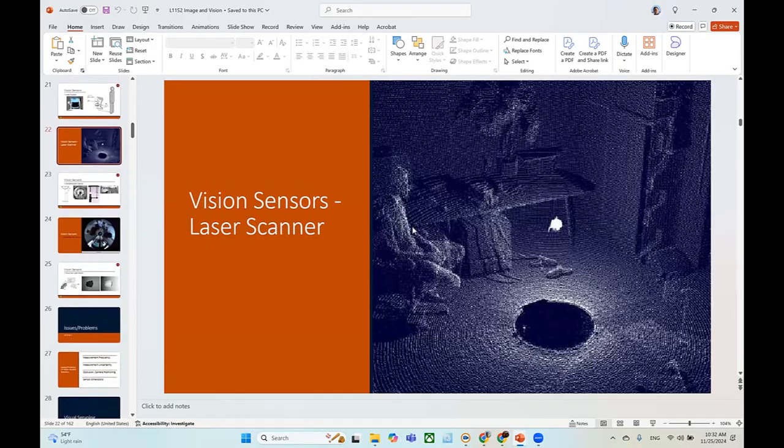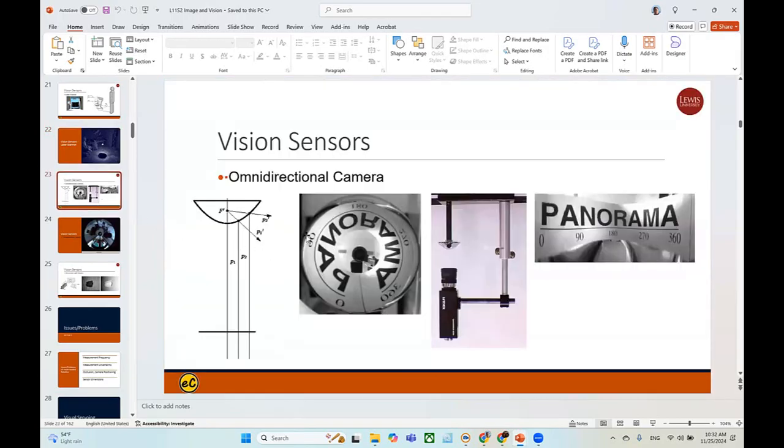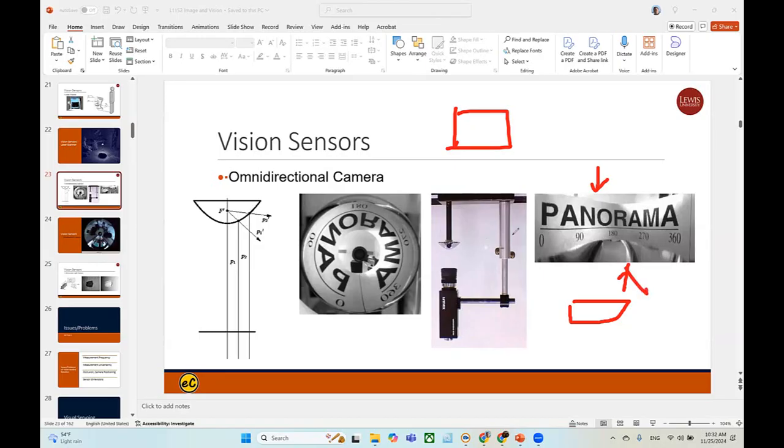So sometimes you don't do full color computer vision. You do a vision scanner using laser scanning. So for example, you may have a fisheye sensor that's omnidirectional. So you want to have a panorama view. You use a fisheye camera. It's not really taking a square image. So you can look at it like this, and then use the computer to recover it.